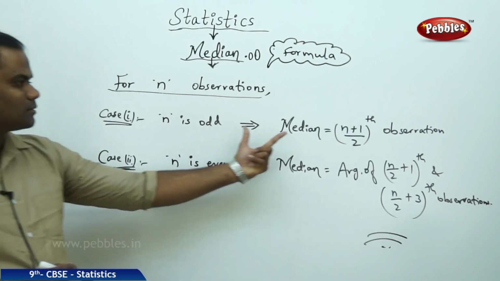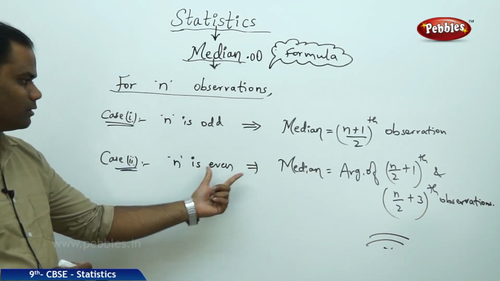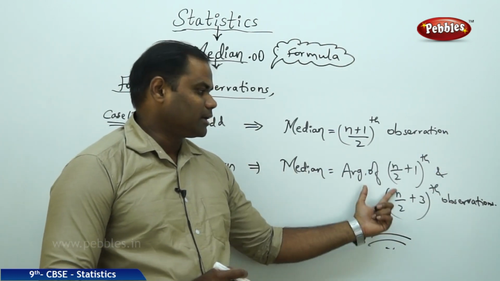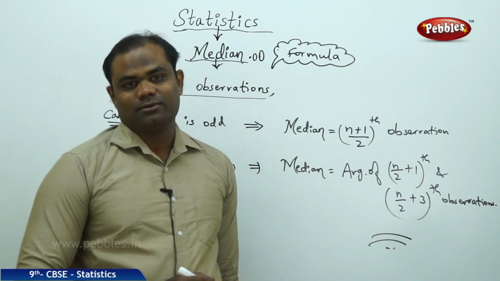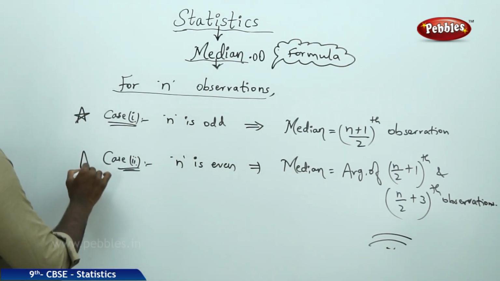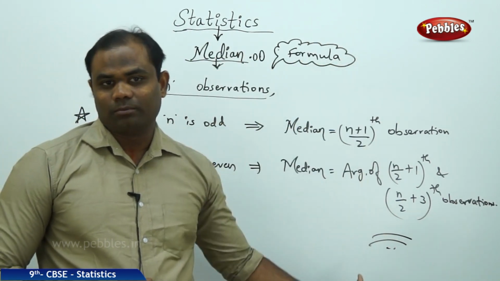N odd, median is n plus 1 by 2th observation. N even, median is average of n by 2 plus 1th observation and n by 2 plus 3th observation, is how we understand the 2 basic formulae for n observations, median with its formula.